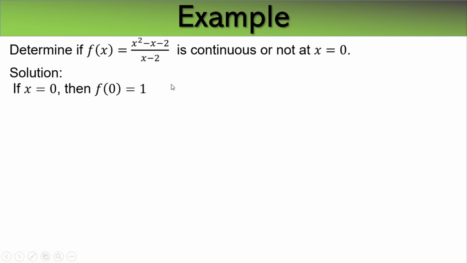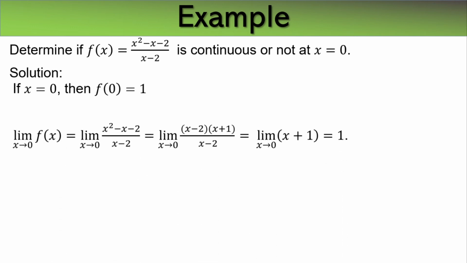Tama ba? So next, we have to compute for the limit of our f of x or our function. So we have the limit of f of x as x approaches 0 is equal to 1. So substitute lang natin yung value ng c natin sa x. So we have here the limit of 0 plus 1 as x approaches 0 is equal to 1.